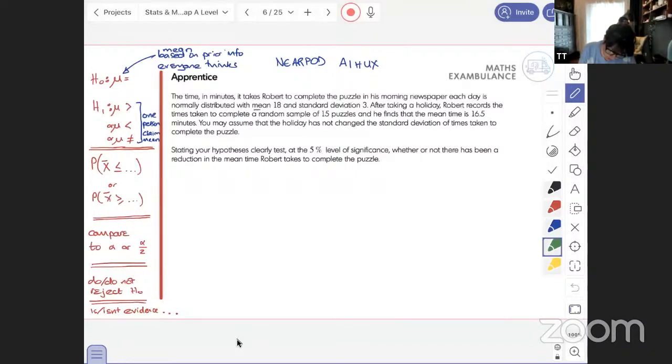Here we are. That's the mean. The mean is 18. And then we're going to test whether or not there has been a reduction.